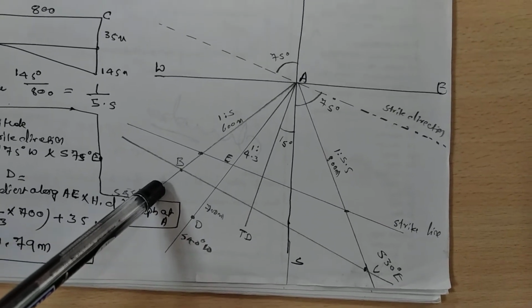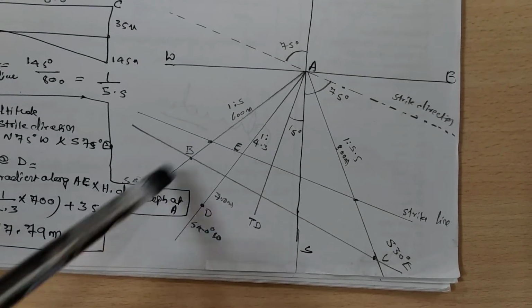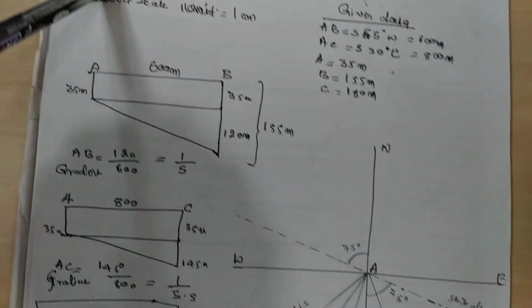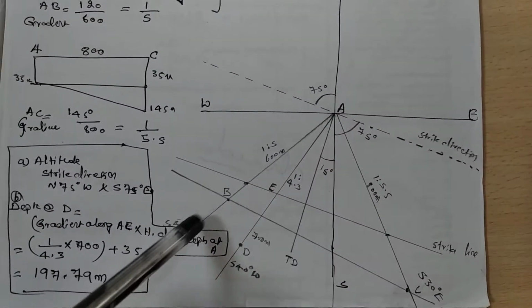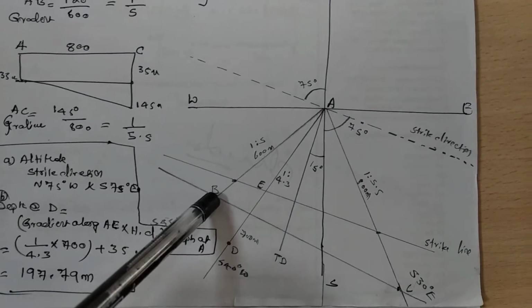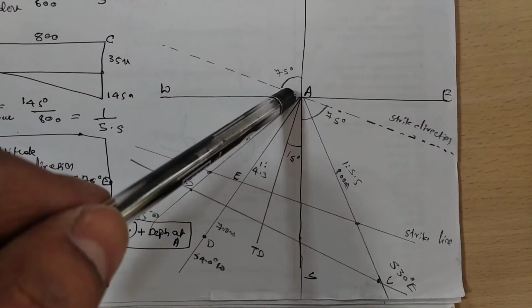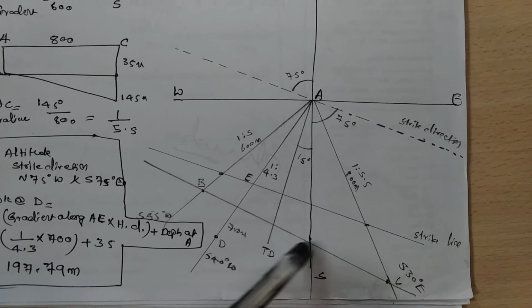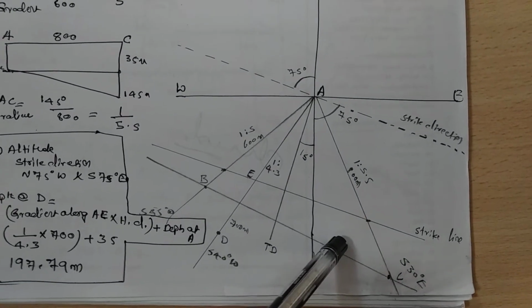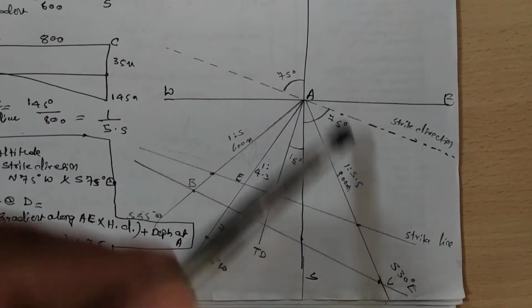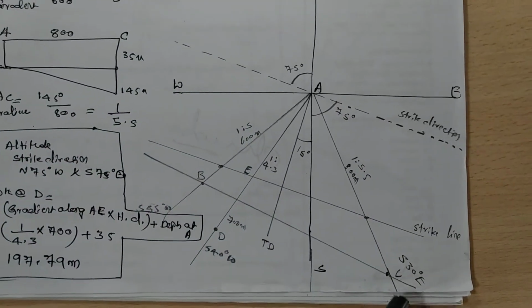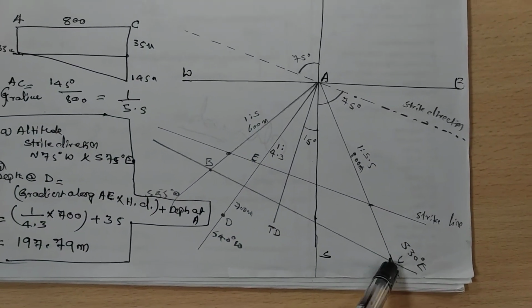And what is the distance? It's 600 meters, and as we are taking the scale as 1 centimeter equal to 100 meters, you need to mark 6 centimeters here. That's called AB. Like that, AC is south 30 degree east. Measure the distance by the scale and mark it here.